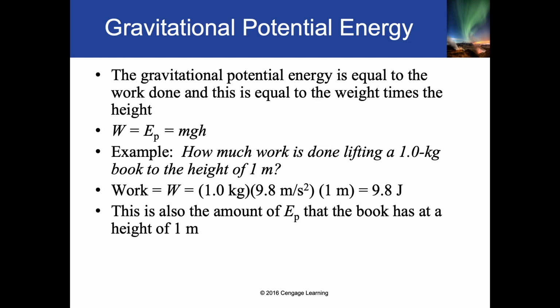If there's one thing I want you to take away from this class when we finish, it's gravity's constant, which is 9.8 meters per second squared. You multiply it by the height, which is 1 meter, and you just multiply across, and you get 9.8 joules.